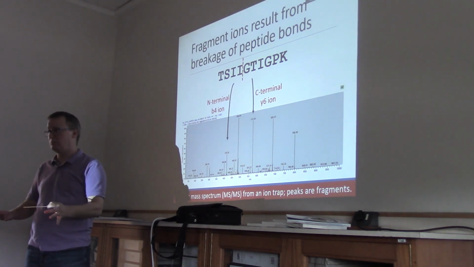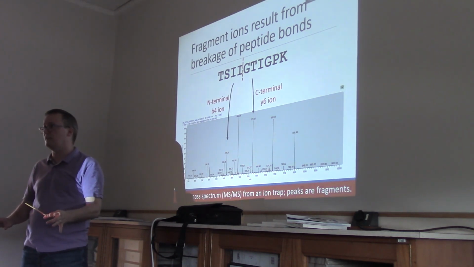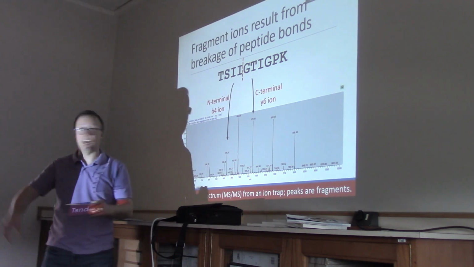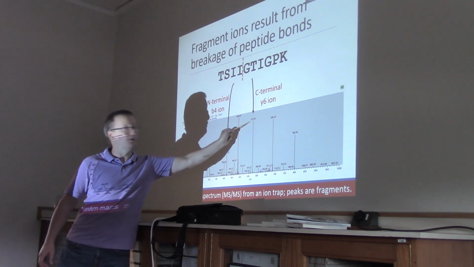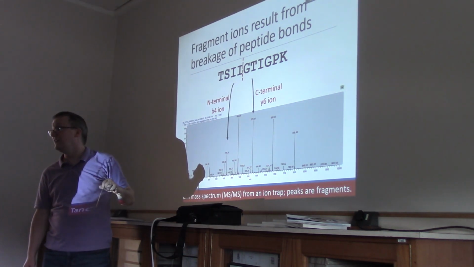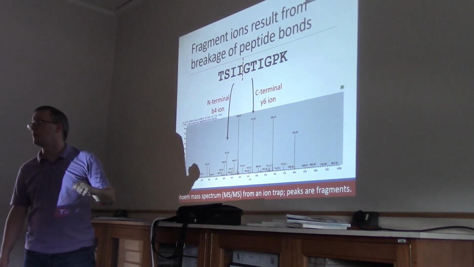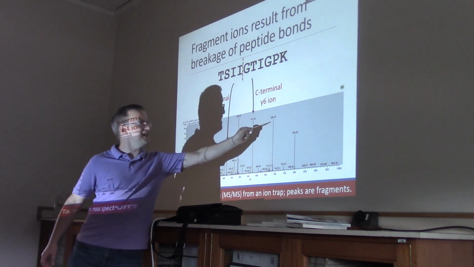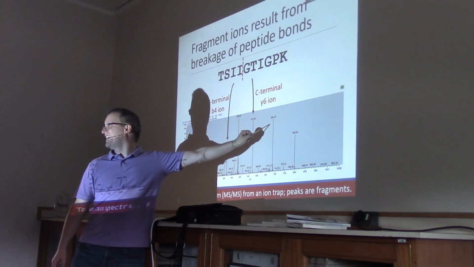Everyone sees that? Isoleucine has a mass of, somebody wrote it down, 113. So 572 plus 113 is 685. Look at that! You did it. You found the next ion.